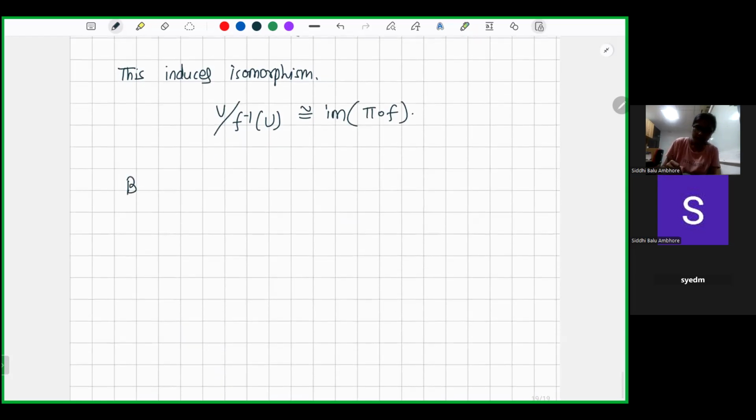But this image of pi composed F is a subspace of V quotient U, right?